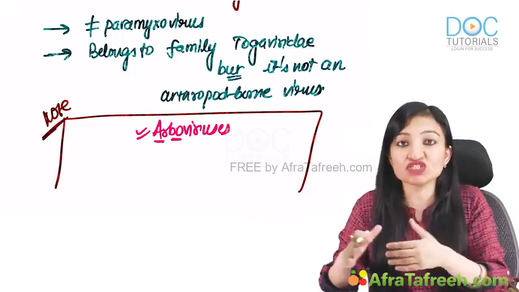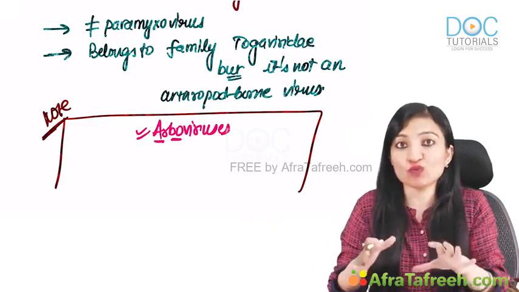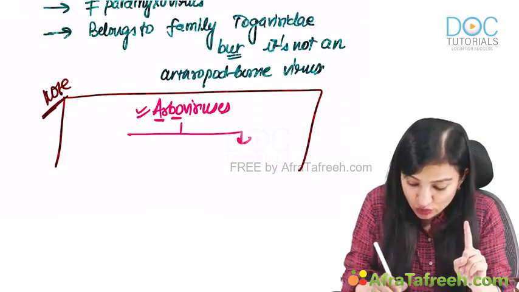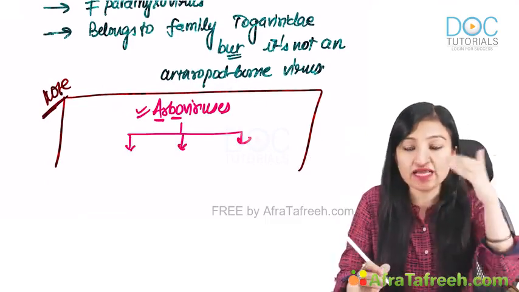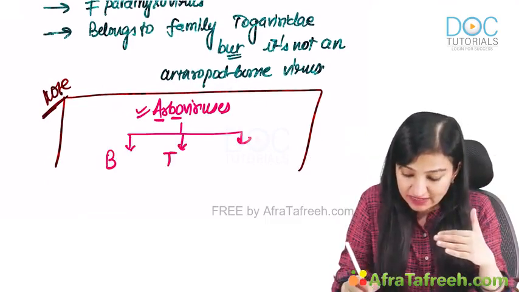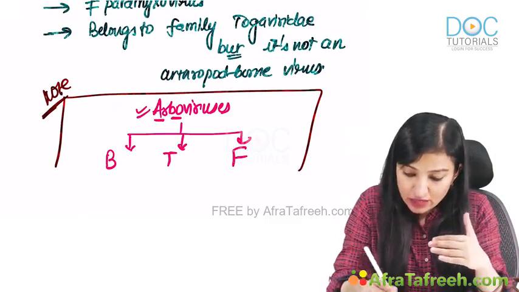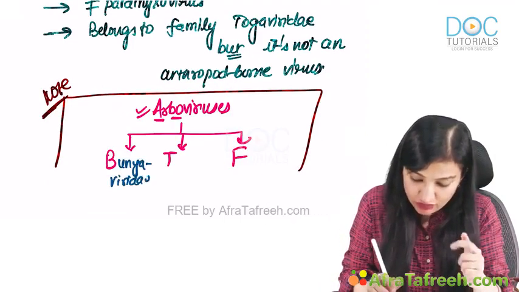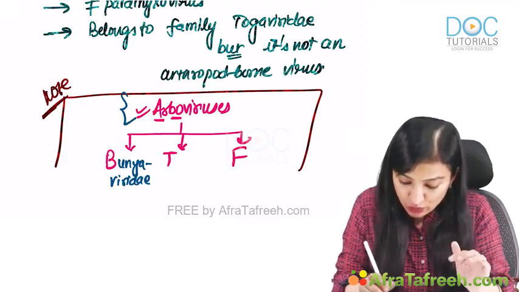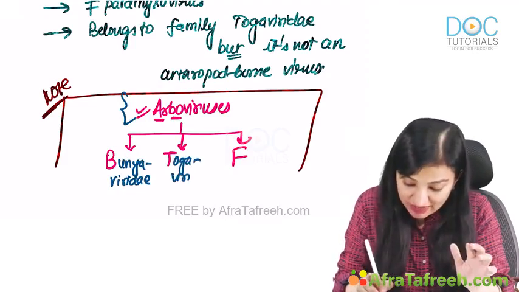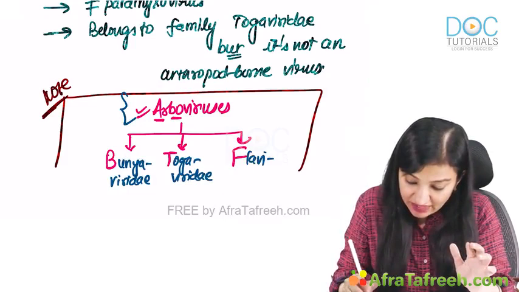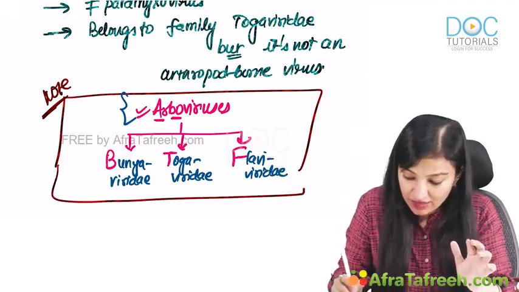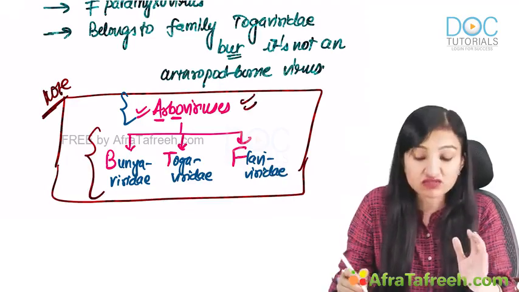Such viruses coming via the agency of arthropods are known as arthropod-borne viruses. And arboviruses come under 3 families. Remember, BTF, that is Bunyaviridae, Togaviridae, and Flaviviridae. This whole topic of arboviruses we are going to discuss later on. So these are the 3 families of arboviruses.